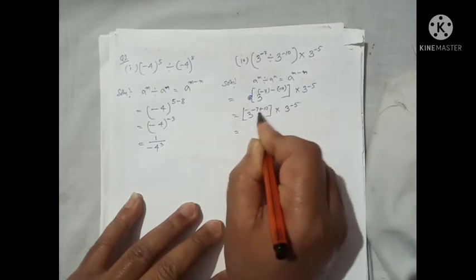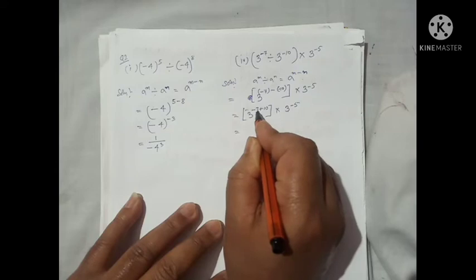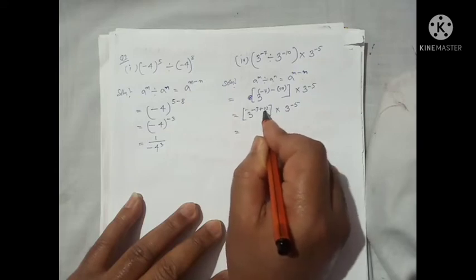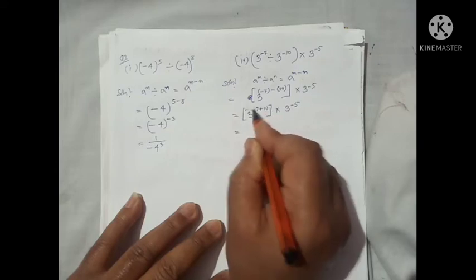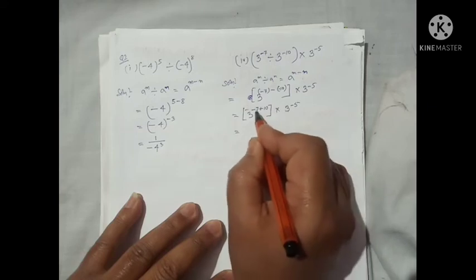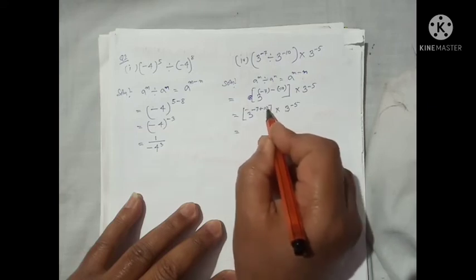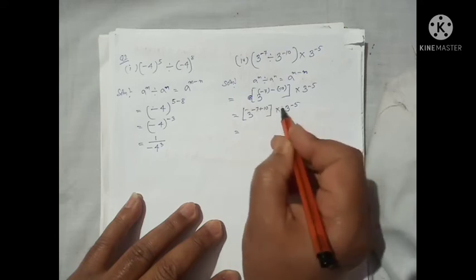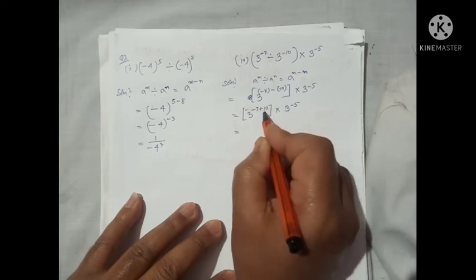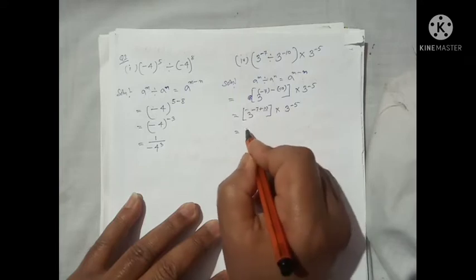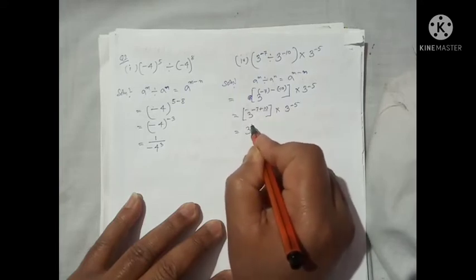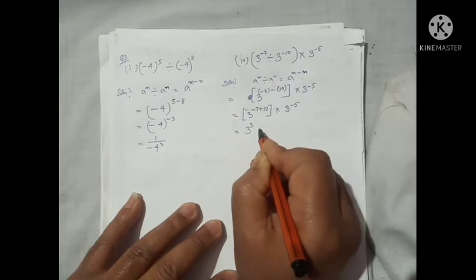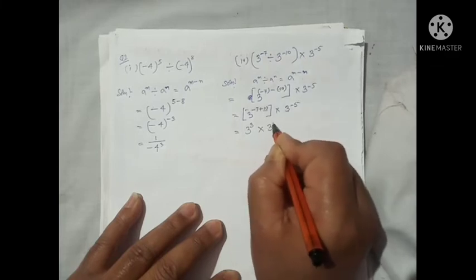Inside the bracket we calculate minus 7 plus 10: the signs differ, so we subtract, 10 minus 7 is 3. The bigger digit has the positive sign, so we write 3 to the power 3 into 3 to the power minus 5.